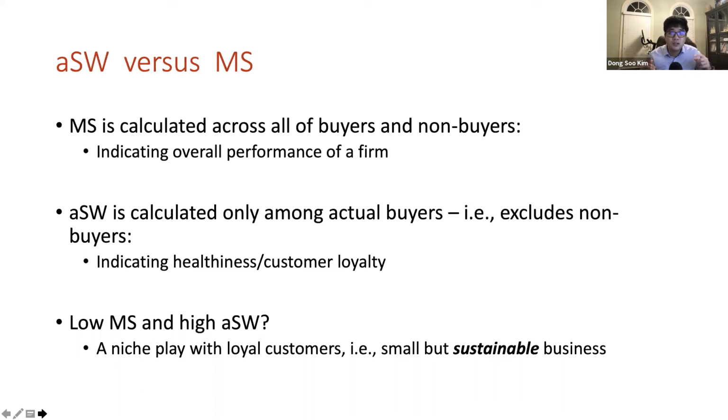This brand is a niche player due to its low market share. But the customer loyalty toward this brand is high due to the high aggregate share of wallet. So we can say that this brand is running a small yet sustainable business.